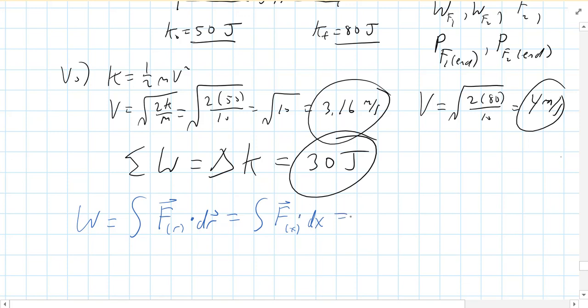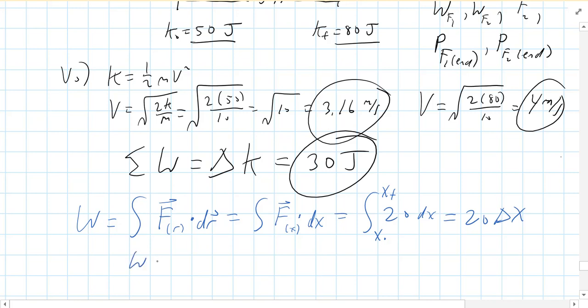But in this case, we don't have to integrate because the force is constant. It's 20. So you're just integrating 20 dx, and the integral of dx, evaluated from x naught to x final, is simply delta x. In other words, you're using force times distance here.